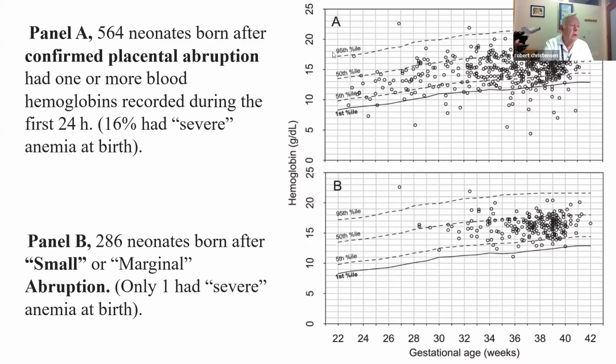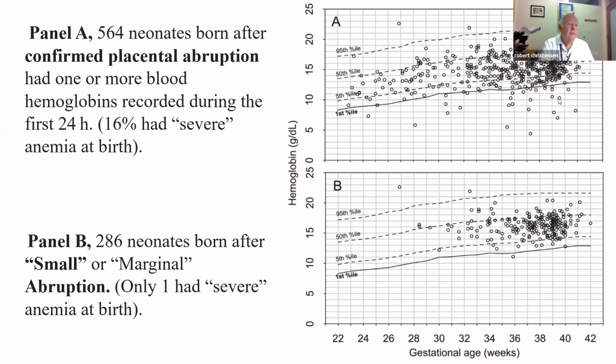So what I'm showing you here is from that paper, and there are two panels, one on top of the other, very much like the ones I showed you with gestational age here and hemoglobin here. The upper panel is 564 neonates born after a confirmed placental abruption, confirmed by the obstetrician or the pathologist or both, who had one or more hemoglobins recorded during the first 24 hours after birth.